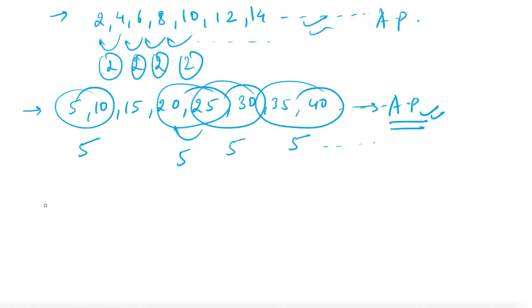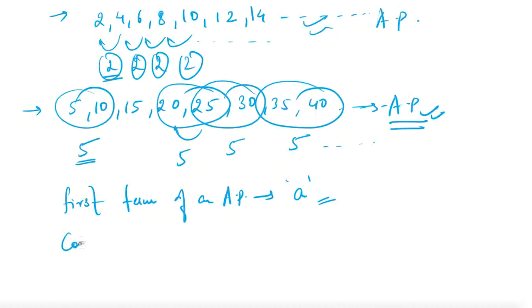Now there are a few notations that I would like to tell you that in general every book uses. The first term of an AP is represented as small a. In general, the first term of any AP is represented as small a. And the common difference, this 5 in this case, this 2 in this case, is called the common difference.